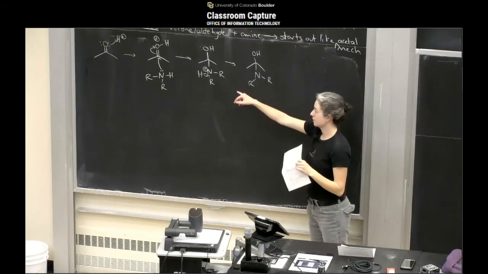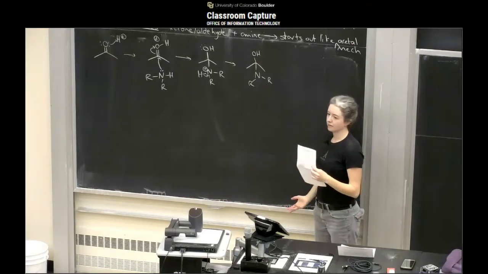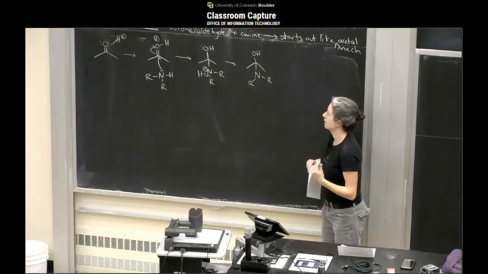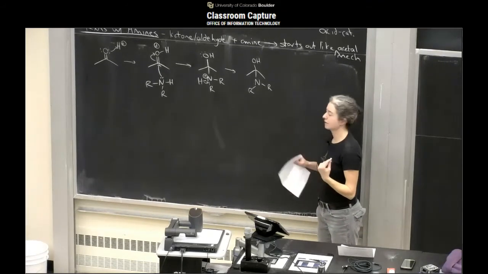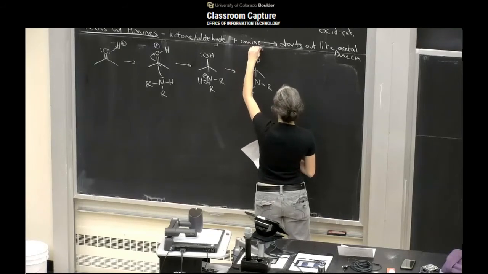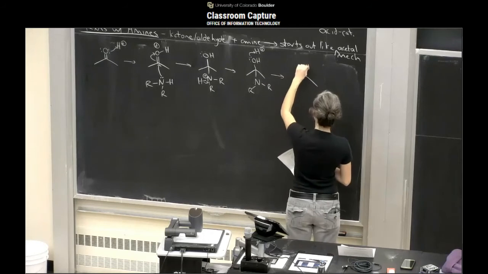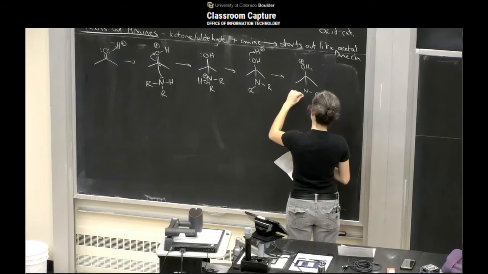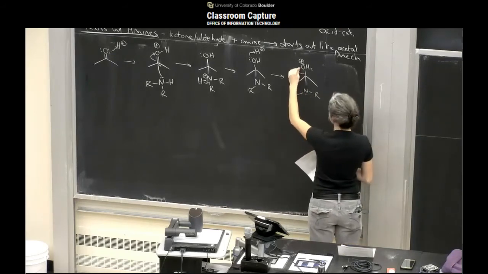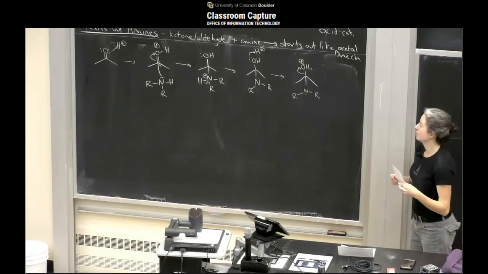Okay, so this is pretty much the equivalent of when we made a hemiacetal. And because we're in acid, we can start going towards what looks like a full acetal. So if you remember, because we're in acid, we can protonate this OH one more time, turn it into a good leaving group. And then have it drop off just like an alcohol would have done back in OChem 1.